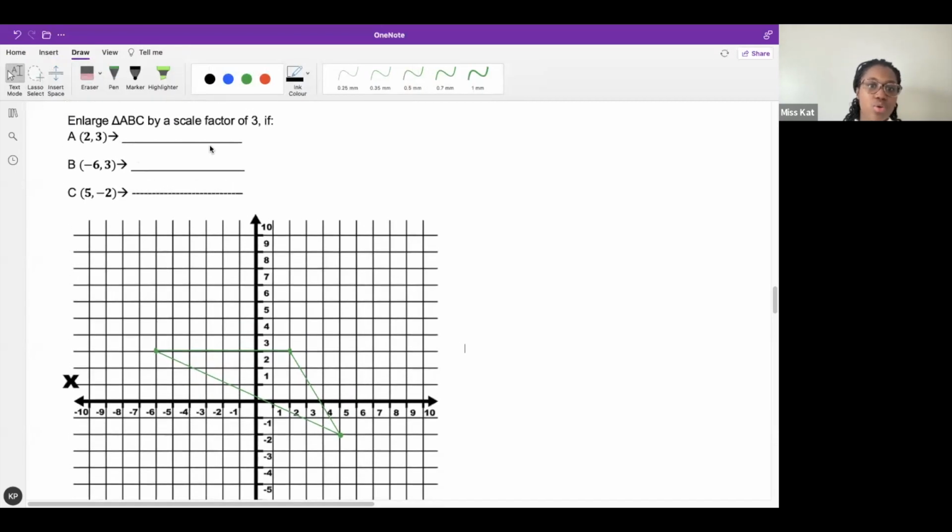Nice. So then what's the new coordinate for A? 6 and 9. Okay, let's call it A prime will now be 6, 9, and then B prime? -18 and 9. And C prime? 15 and -6. Nice, Mikhail.